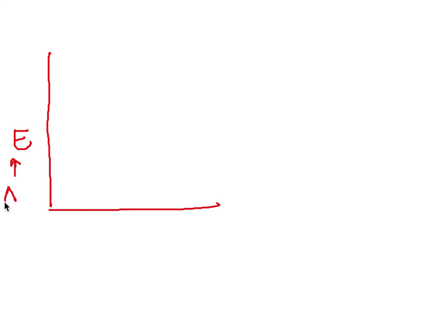If I draw it here, we will have the energy, which is often represented by either the enthalpy or the delta G. Remember that because the entropy term is usually negligible, the delta G is very similar to the enthalpy. So here we have the energy, and here we have the reaction coordinate.